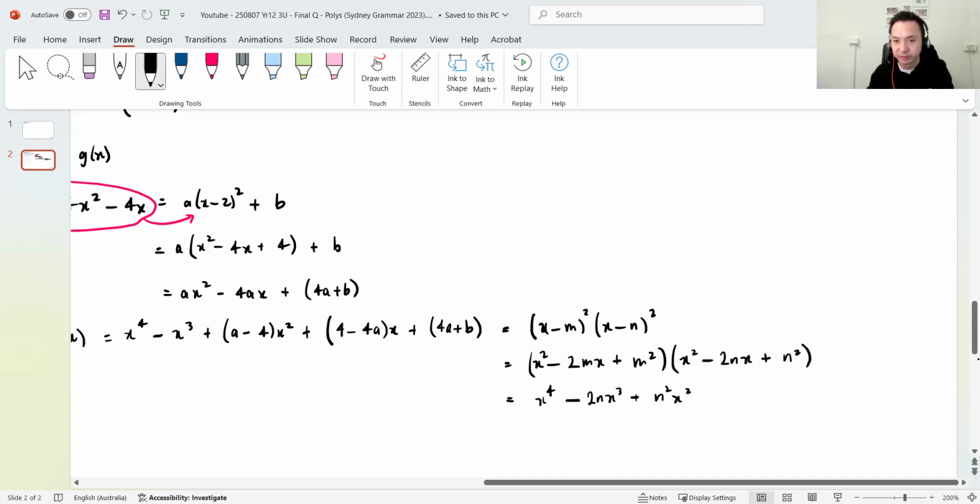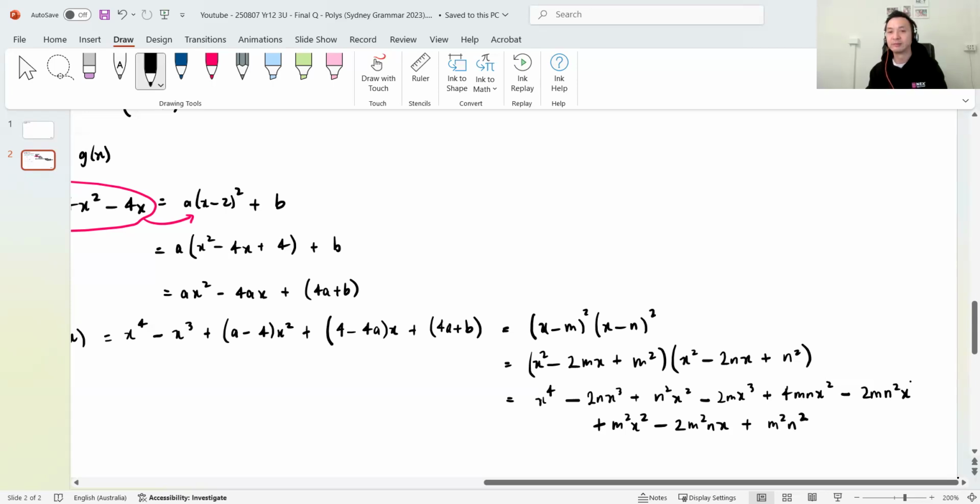And the middle guy times all of it, so minus 2mx cubed, plus 4mn x squared, minus 2mn squared x. Then that times the last one: plus m squared x squared minus 2m squared n x plus m squared n squared.